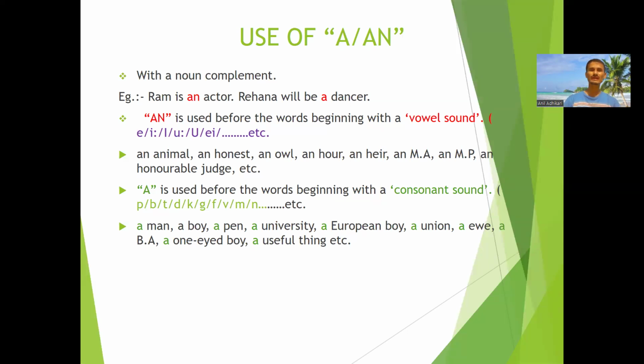Vowel sounds, you know that: a, e, i, o, etc. These are vowel sounds. There are 20 vowel sounds in English, 12 monophthongs and 8 diphthongs. With these 20 vowel sounds, we use an, not letters.